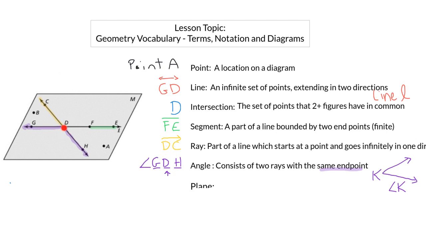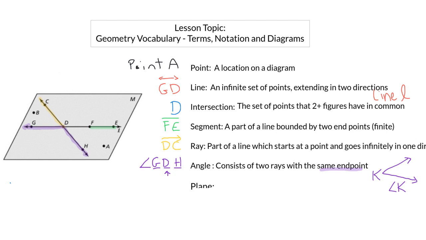So notice, again, this D point right here also has another ray here and here. So we can't just call it angle D. If we called it angle D, people would be like, do you mean this angle D over here, or this angle D here, or this angle D here, or this one here? Which is why we use the three letters. If an angle is standing alone, just two rays and that's it, then we can call that angle K.